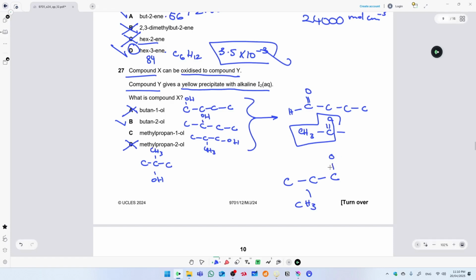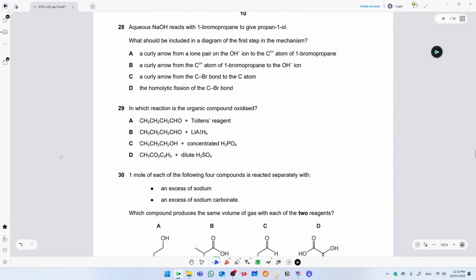It's oxidized to an aldehyde. The CH3 isn't directly attached to this carbon, so it is not valid. And then C is cancelled, B is the answer.